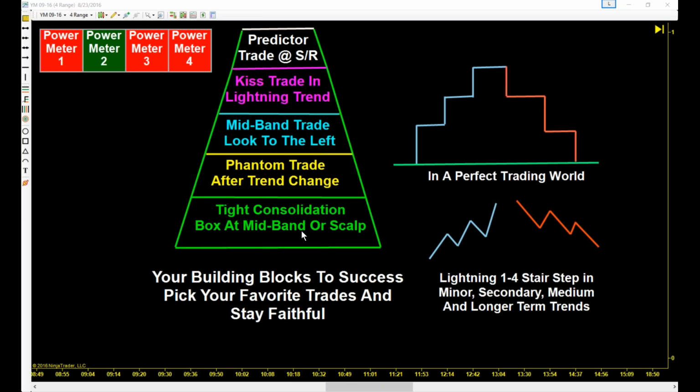And these could be at mid-band, or they can even be for scalps. If you're good enough to see really good support areas, even though the chart will be short as it can be, and you want to box something in and try to take a long trade, that's what Object Trader was built for too. Okay, so these are the 5 trades that I personally like an awful lot.